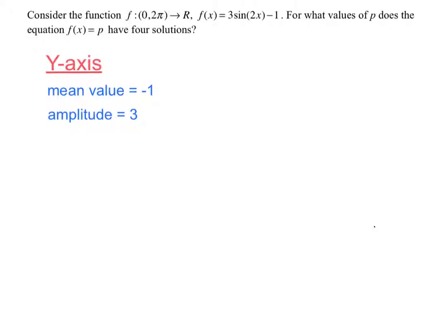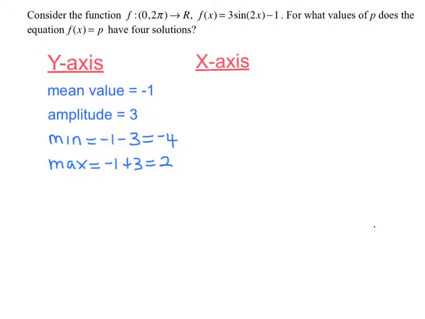So we can easily find the minimum value by looking at the mean value and subtracting the amplitude. So the answer there is -4. And the maximum value, which is the mean value plus the amplitude, gives us a value of 2.